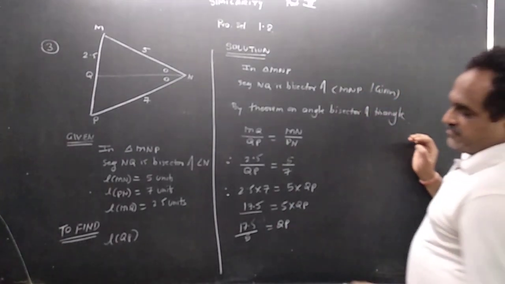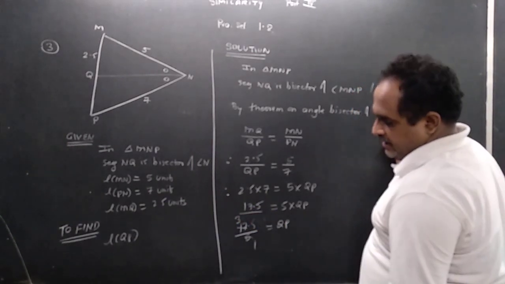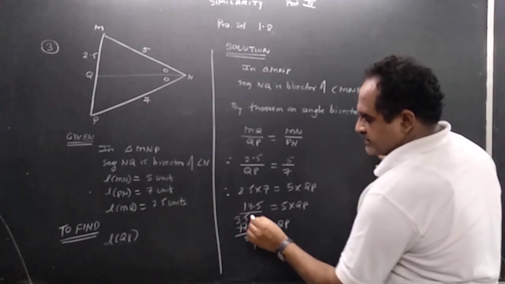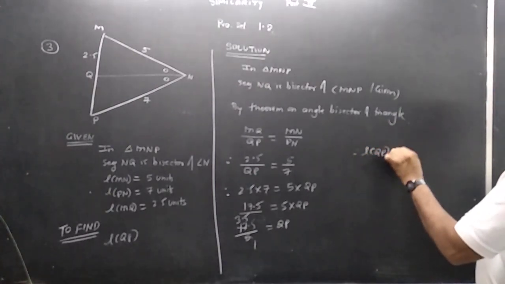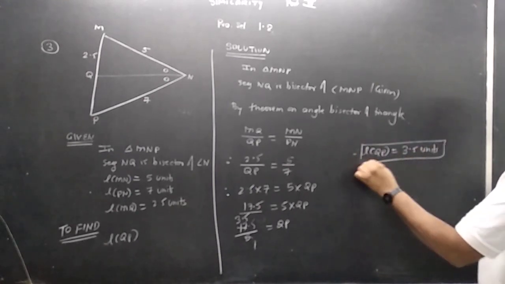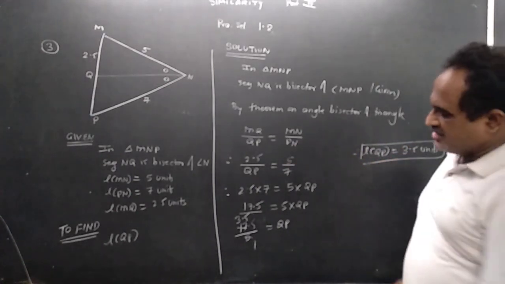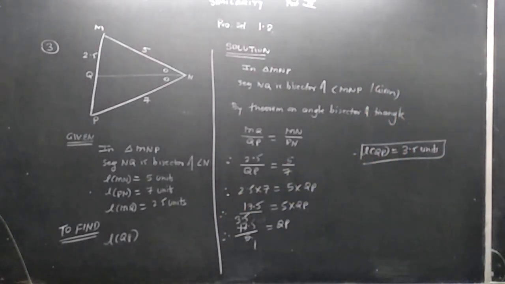We can cancel with 5. 5 ones are 5, 5 threes are 15, 2 is there, 5 is there. So ultimately your answer for QP is equal to 3.5 units. Just take care of these points and calculation. This question is fantastically easy. Comment on this.